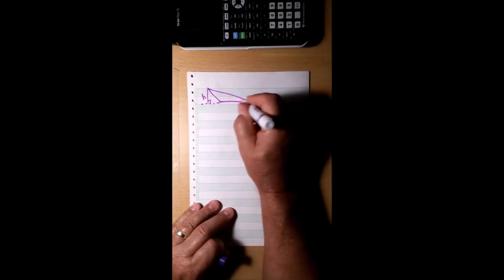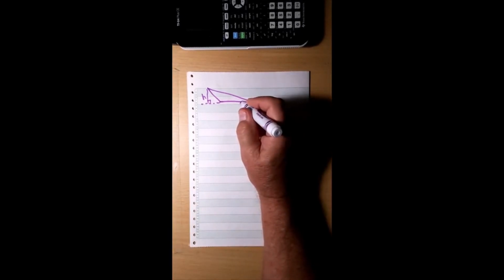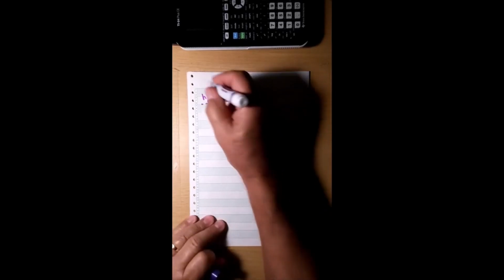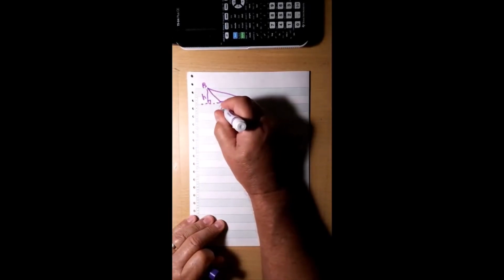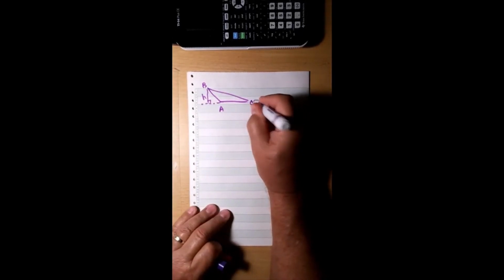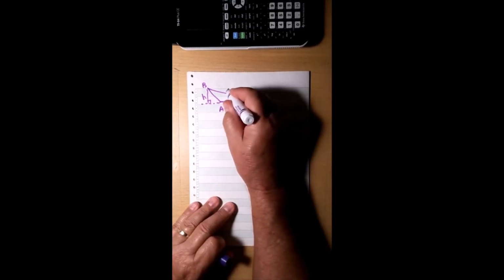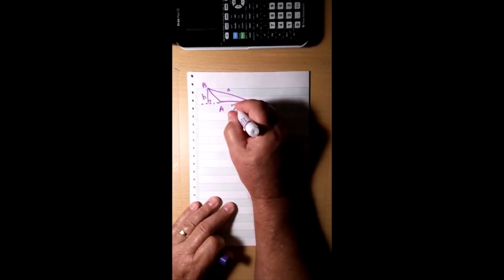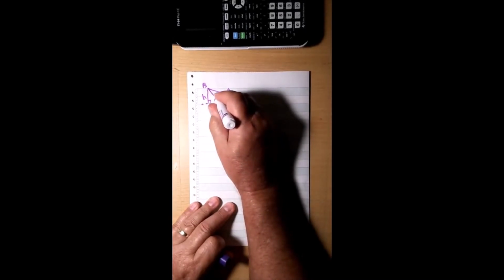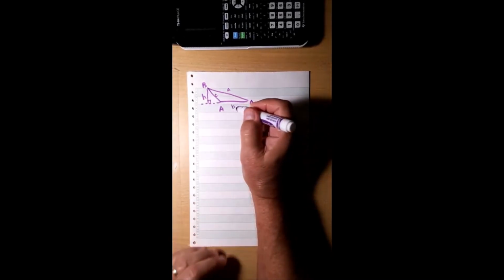Well, let's see. We'll call this B, this A, and this C. Doesn't really matter. The side opposite A is little a, the side opposite B is little b, the side opposite C is little c, and then of course that's h.